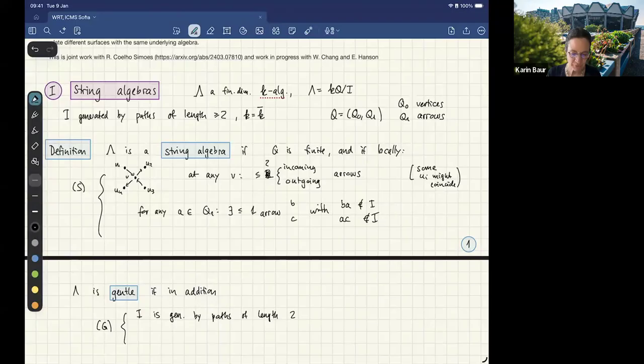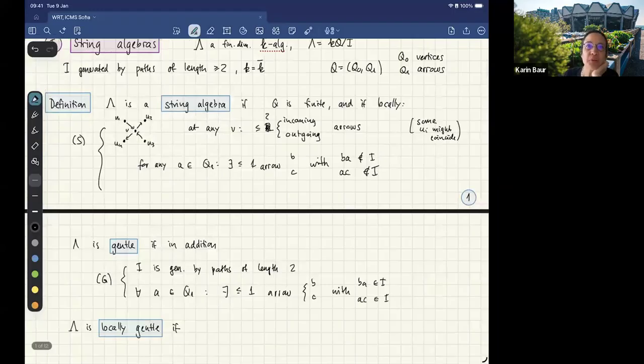And then for any arrow, you have a dual condition to the one in S: there exists at most 1 arrow such that the composition is in the ideal. So for gentle, we also want at most these relations and not more.